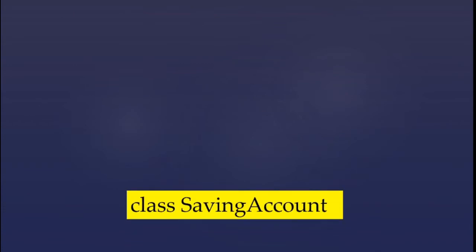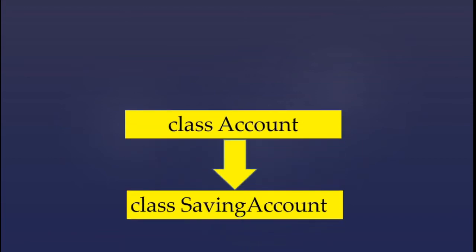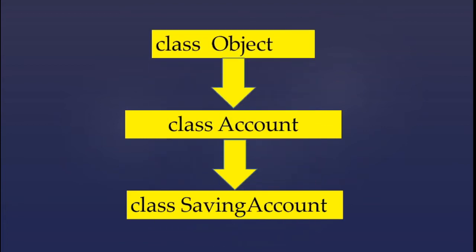Now here we have one more example. Assume that we have created a class SavingAccount, and this class SavingAccount has been extended from the class Account. We may wonder how we have a relationship between SavingAccount and the Object class, but we can find out that the class Account has not been inherited from any class, so the Account class is inherited from the class Object.